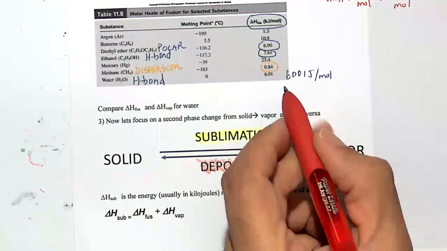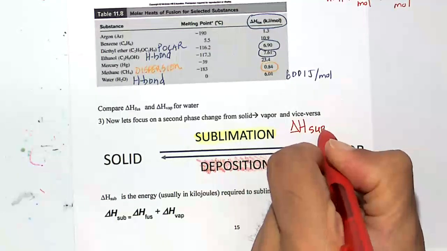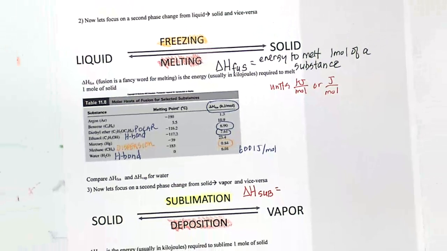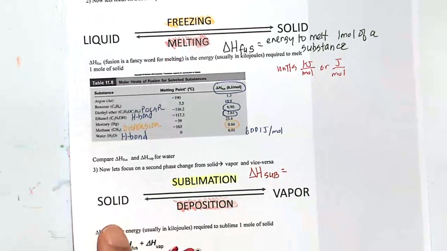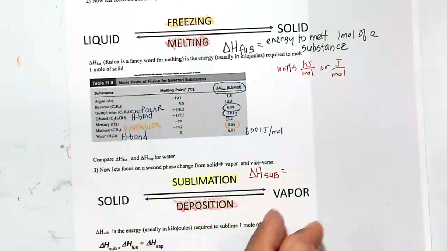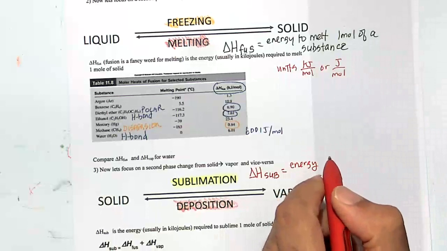Just like that, we have a delta H sub, or delta H sublimation. This is delta H sub, delta H fusion, delta H vaporization. Delta H sublimation is the energy to sublime 1 mole of a substance. It's an energy input.